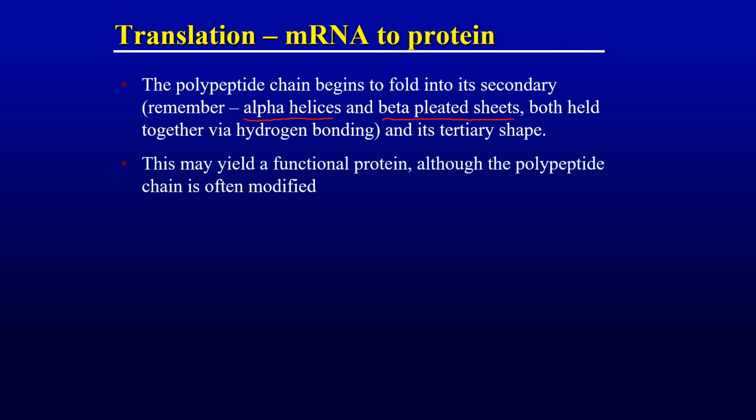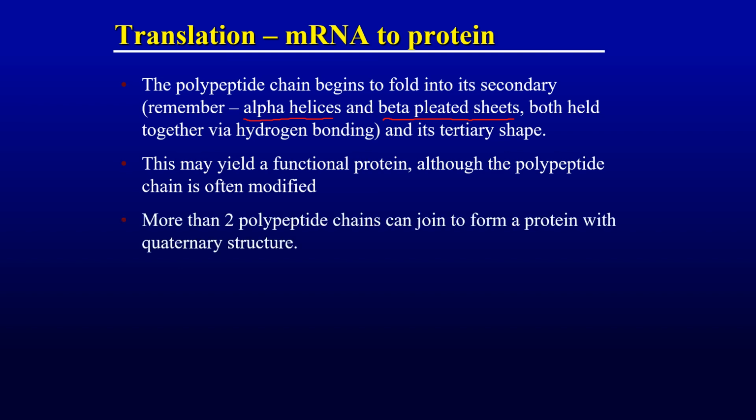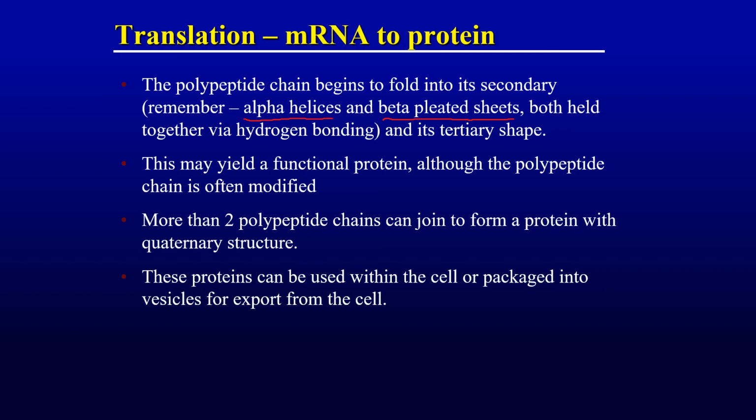Now, that may yield a functional protein, although the polypeptide chains are very often modified, and they can go through extensive modification in the Golgi apparatus, for example. So if you have more than two polypeptide chains, they can join together and form a functional protein with quaternary structure, as we mentioned. So those proteins can be used within the cell.